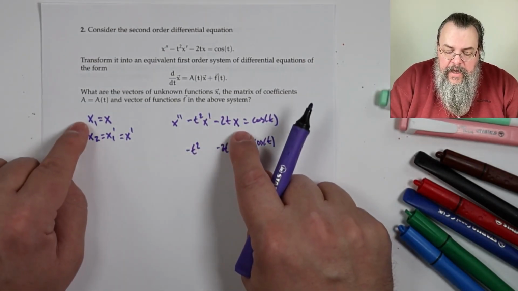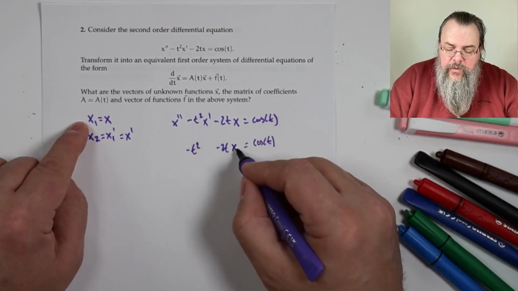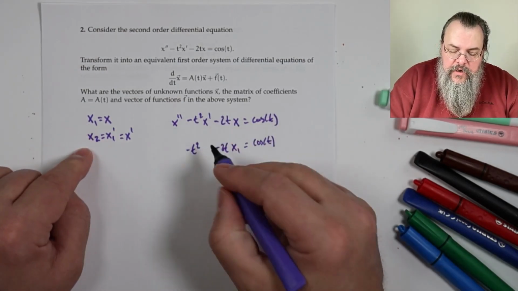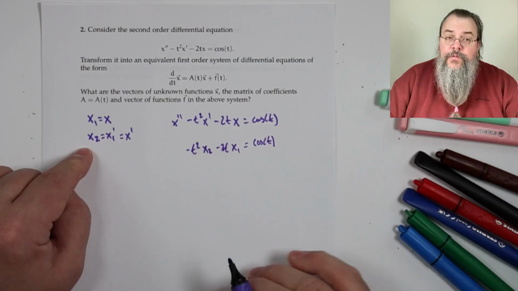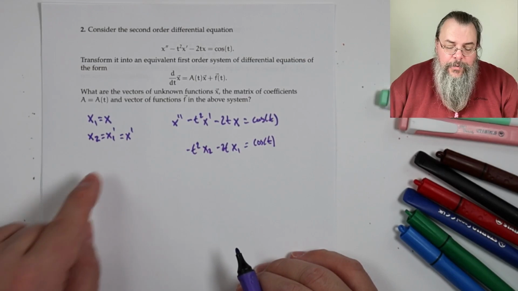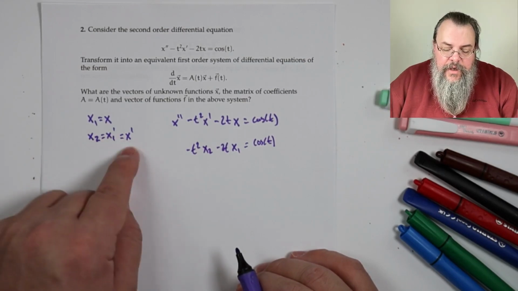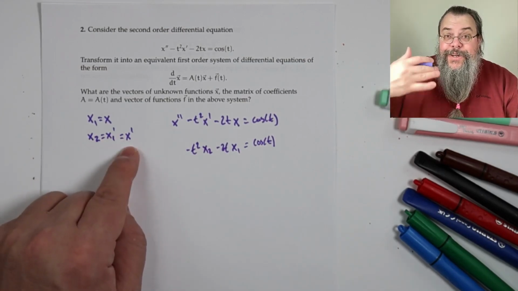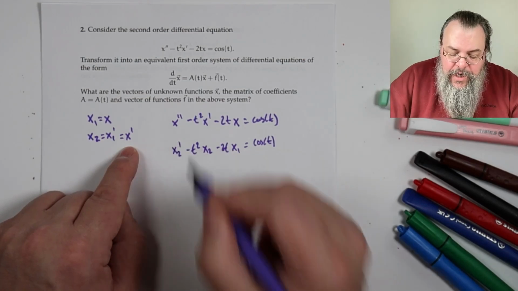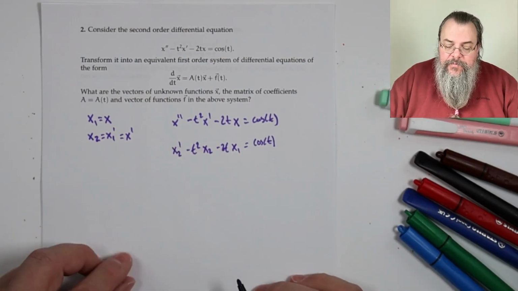So the x becomes our x1. Our x prime becomes our x2. What about x double prime? We didn't introduce a variable for that. Well, notice x2 is x prime. So if I take another derivative, that would give us x2 prime is x double prime.